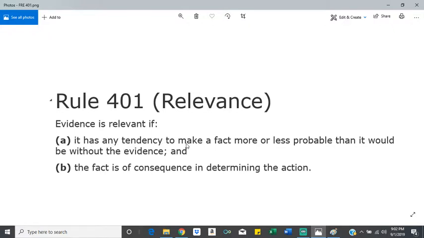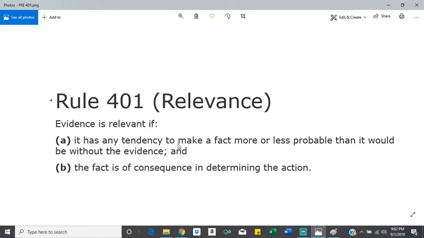The first being this sentence right here in Part A, it has any tendency to make a fact more or less probable, and specifically any tendency. This language is constructed very liberally in order to ensure that the most amount of evidence is able to be presented before the court. So they phrased this so that it would be an extremely broad and liberal interpretation of the rule.